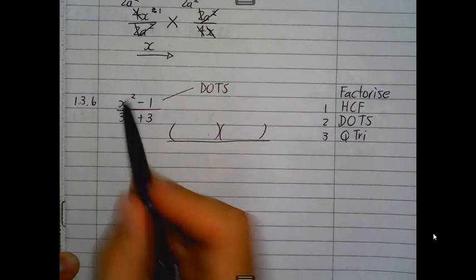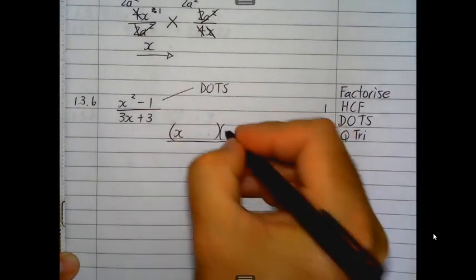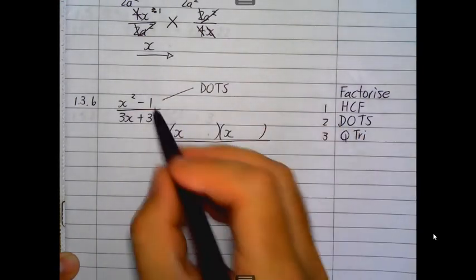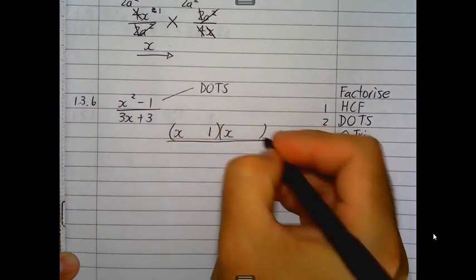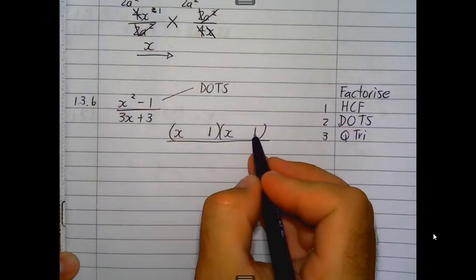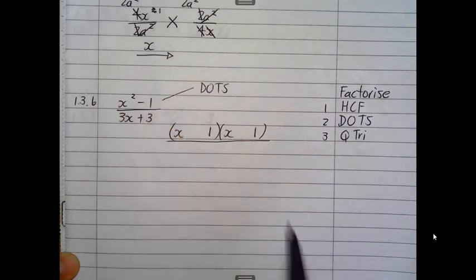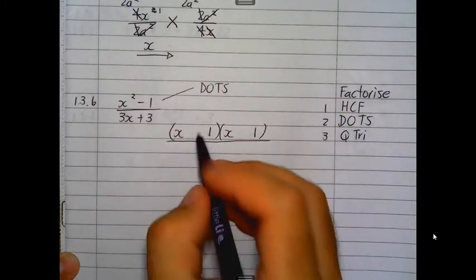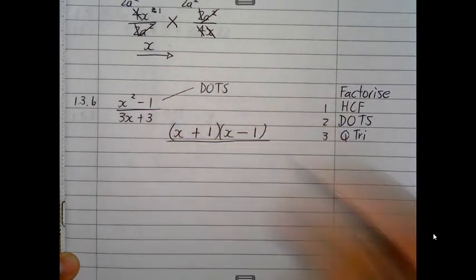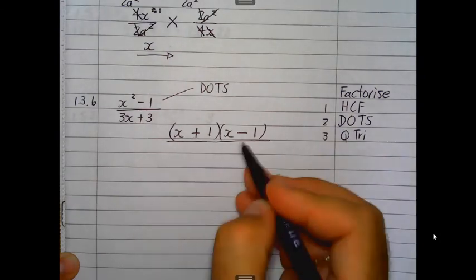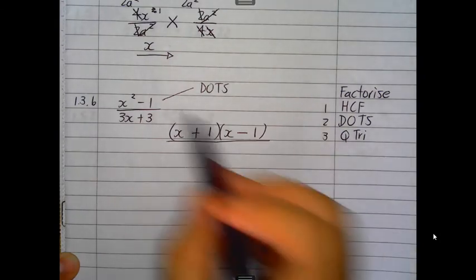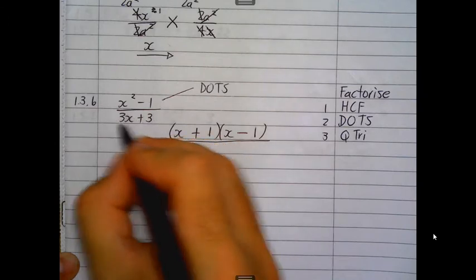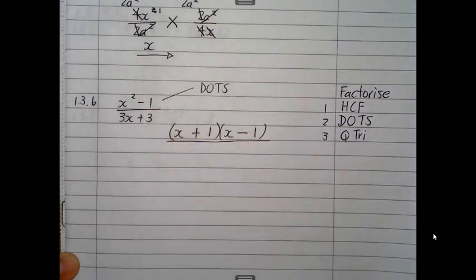X squared indicates that we're going to have an x and an x. The 1 means 1 times 1. Because what is 1 times 1? It's 1. And with difference of two squares, we have to have signs that are opposite. One's a plus, one's a minus. Numerator done.